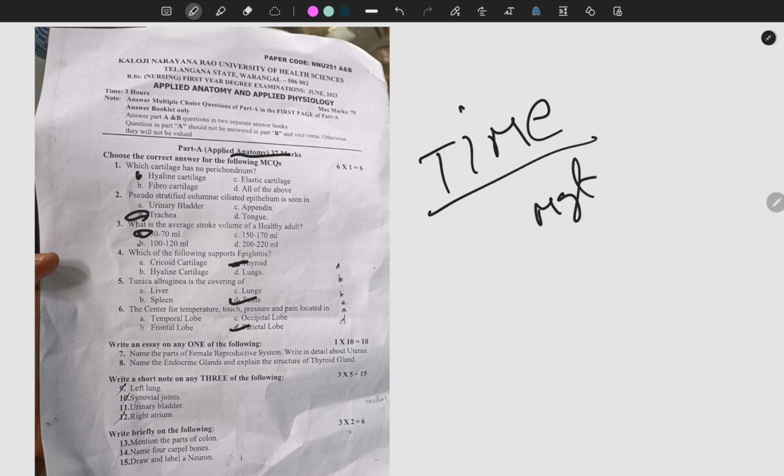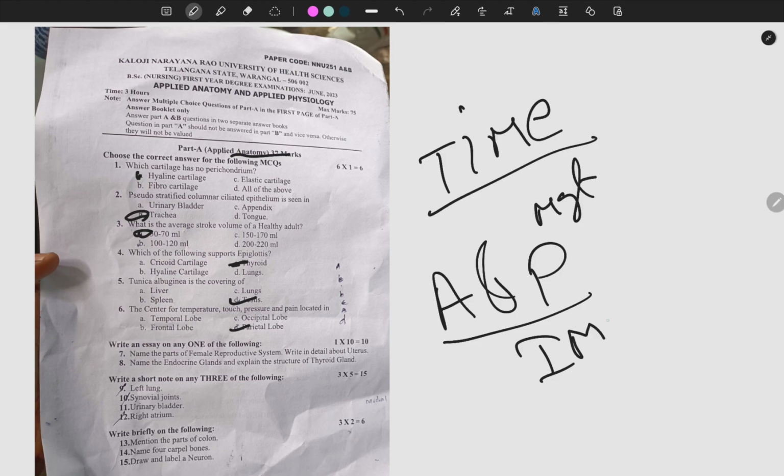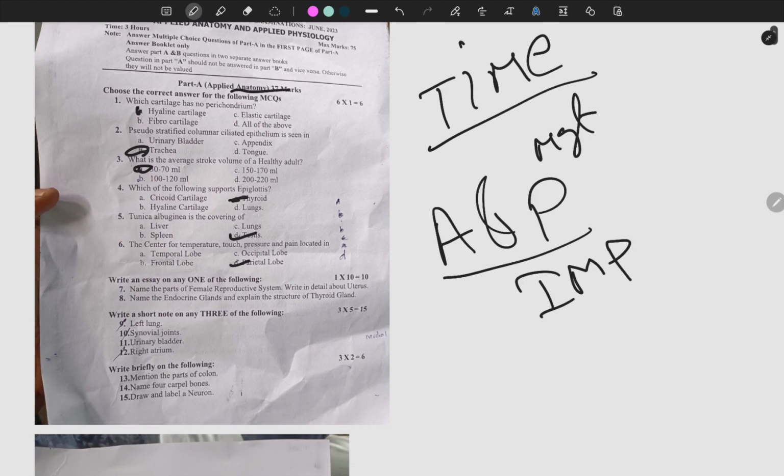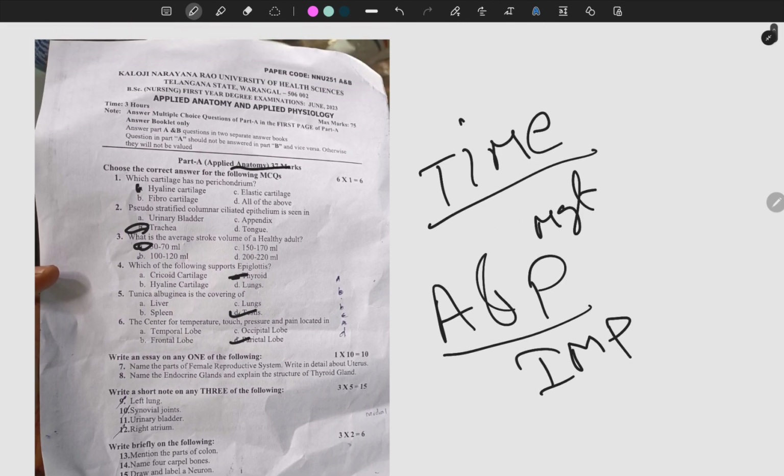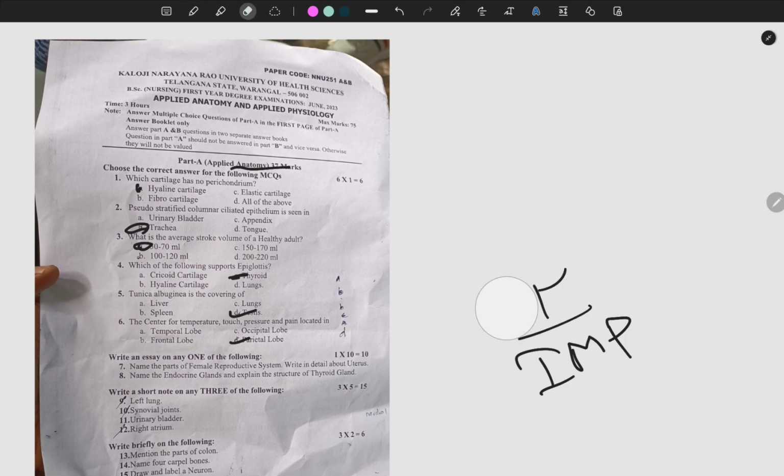First of all, you have to plan for the two subjects, because anatomy and physiology both are important. If you do not concentrate on either subject, you may risk failure in the exam. So you have to maintain the timing. Firstly, we will discuss the anatomy question paper.